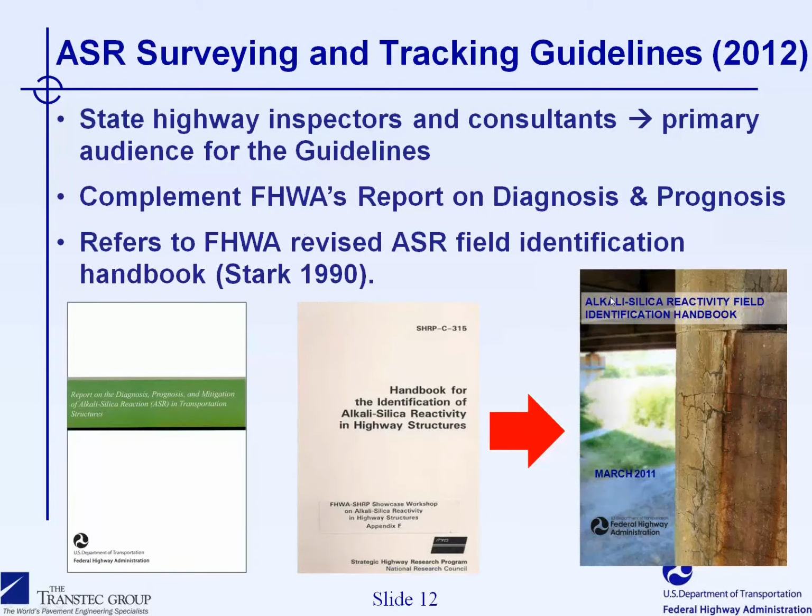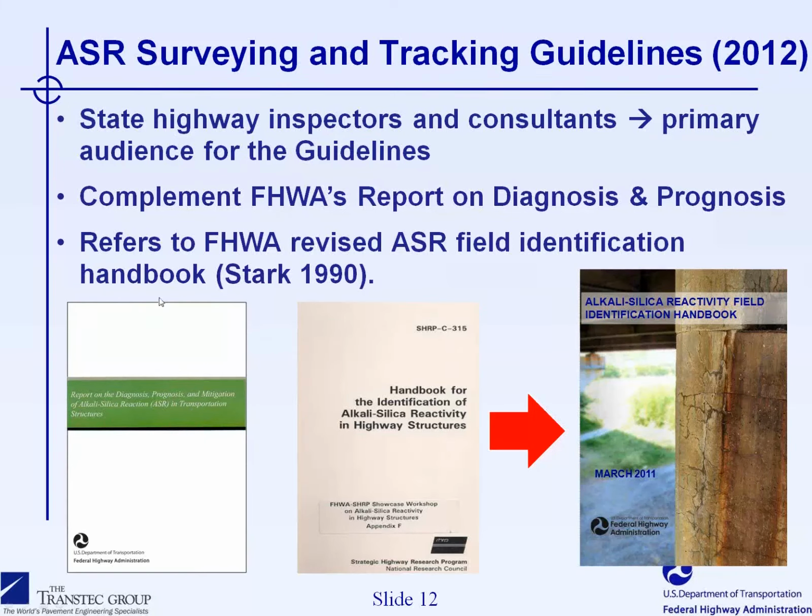As a support for the surveying guidelines document, the third document, which is the Field Identification Handbook, is really meant for inspectors and consultants who actually will carry out the field investigation, the field survey, in order to identify the presence and extent of ASR in structures.